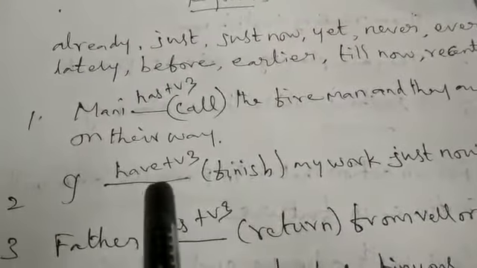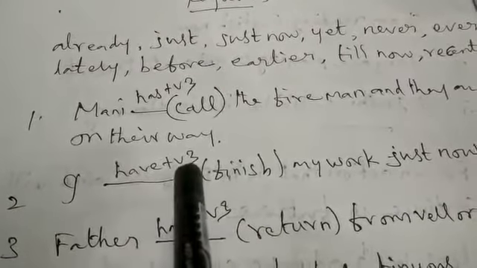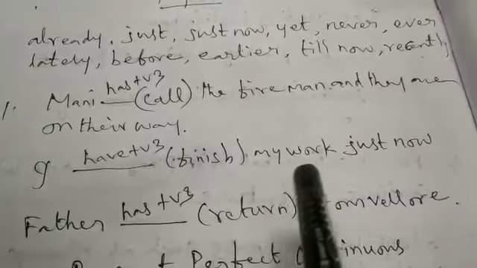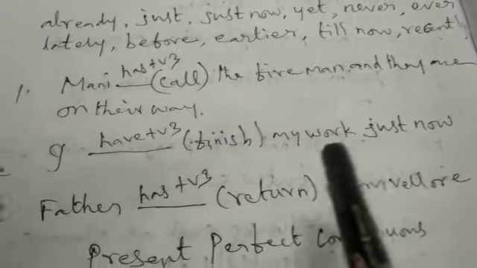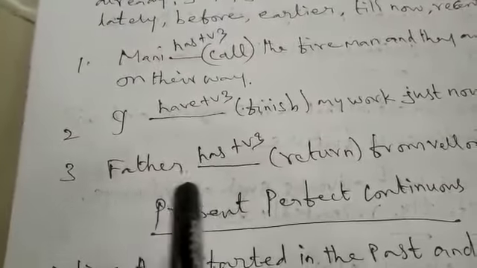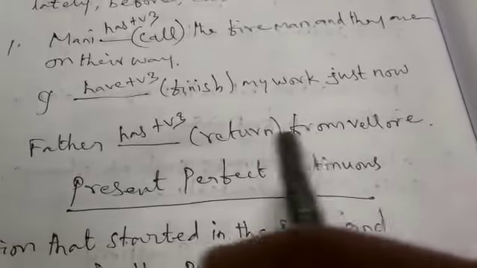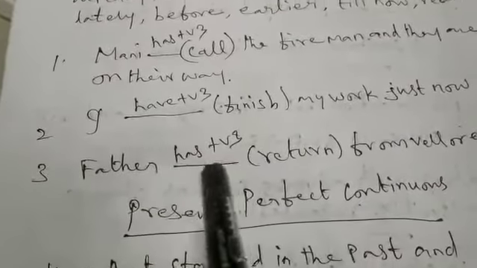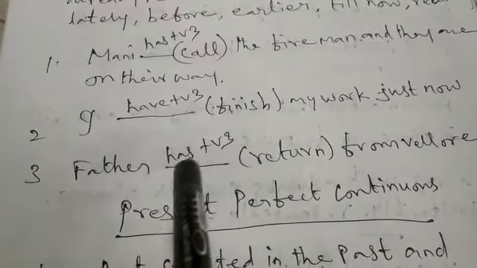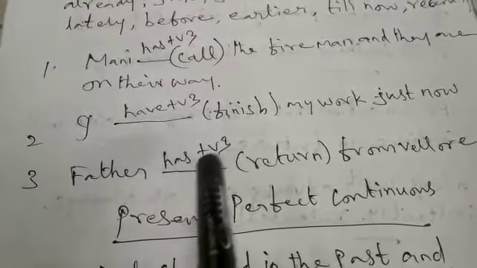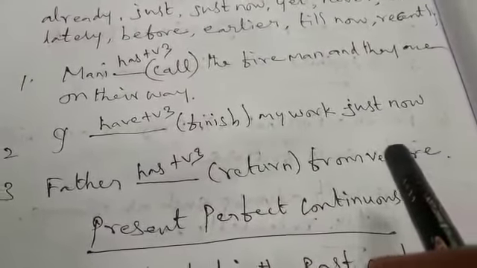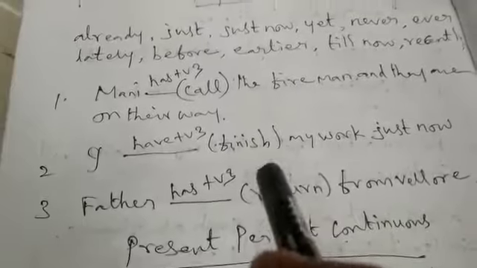So you use present perfect here. I have finished my work just now. Then: father dash return, within brackets "return", from Vellore. Here, father has returned from Vellore. Okay? I think you should have got an idea about present continuous and present perfect tense.